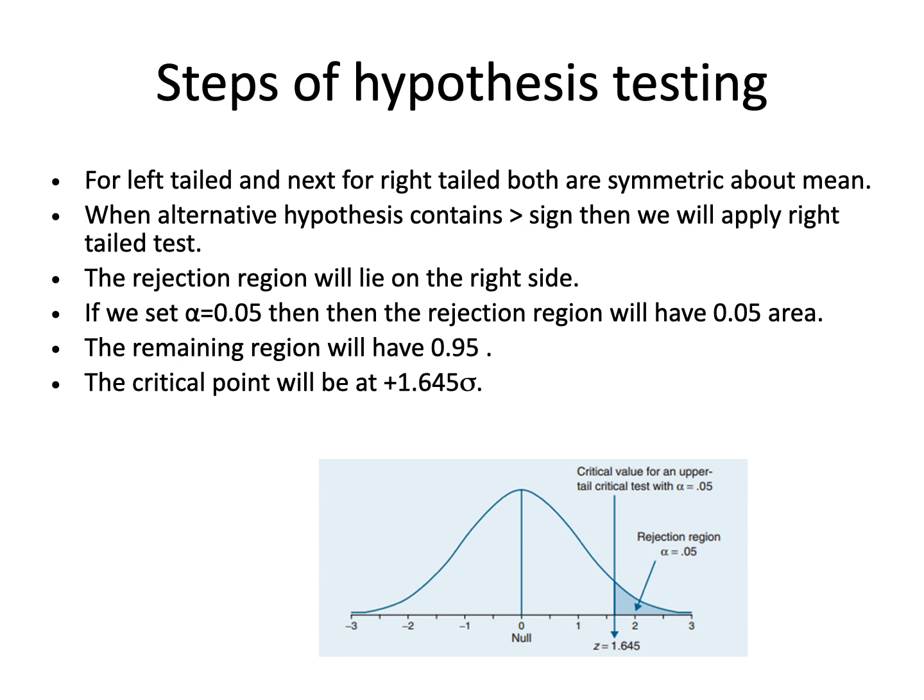If we set alpha equal to 0.05, then the rejection region will have 0.05 area, and the remaining region will have 0.95, and the critical point here is 1.645 of sigma. It is plus 1.645 of the sigma.